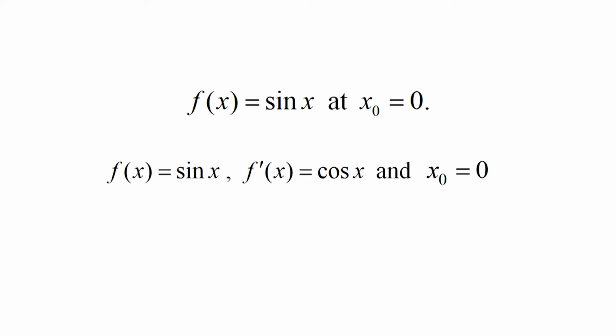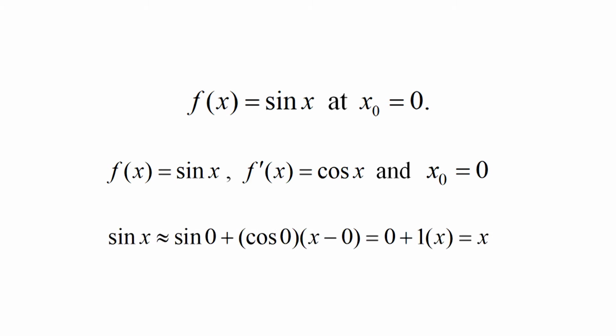With f of x is equal to sin x, f prime x is equal to cos x and x naught is equal to 0, the linear approximation is sin x is approximately equal to sin 0 plus cos 0 times x minus 0, which is equal to 0 plus 1 times x, which is equal to x.